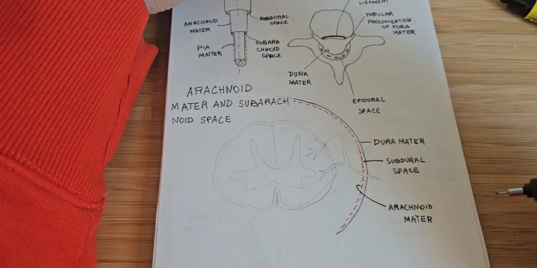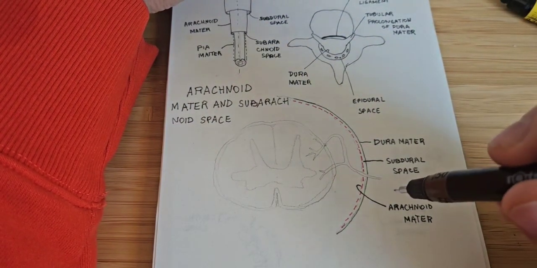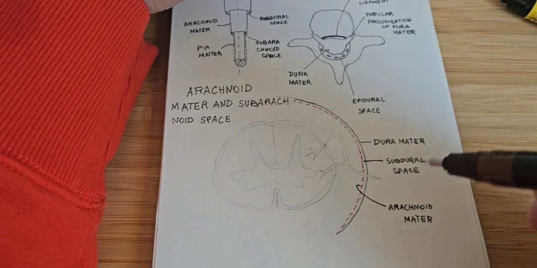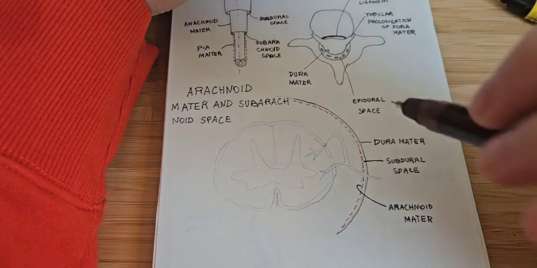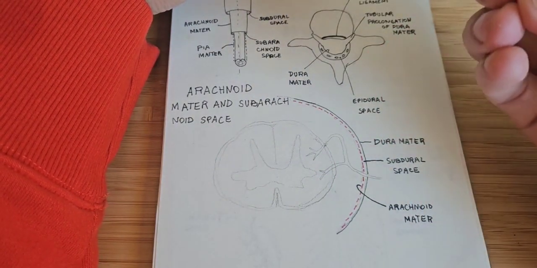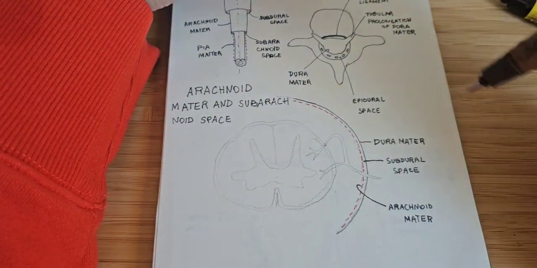The name comes from the Greek arachne. It is a thin, translucent membrane that does not adhere directly to the spinal cord, but instead forms a loose sac-like covering over it.